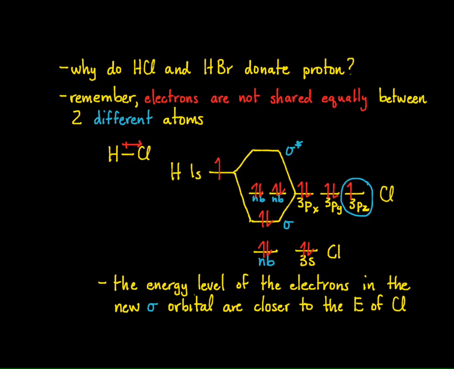But it really plays out in terms of molecular orbitals. We see that the sigma bond has more electron density residing closer to the chlorine than the hydrogen. We also see the sigma star is aligned more in energy with the hydrogen atom. And that's also going to become important later on.